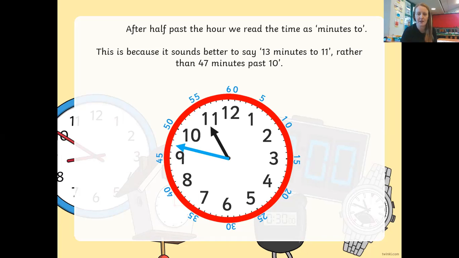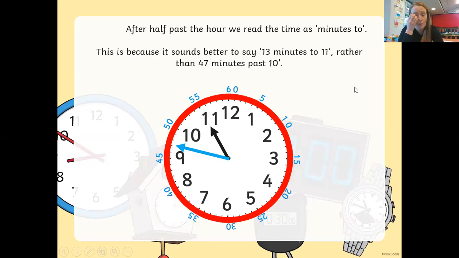So it changes things a little bit because we've been used to saying 5 past, 10 past, 15 minutes past, 20 minutes past, 25 minutes past, half past, all the way down on that half of the clock. And when we write it digitally, we write, for example, 11:05, 11:10, 11:15, 11:20, 11:25, 11:30, 11:35, 11:40, 11:45, 11:50, 11:55, or 11 o'clock if it's at the top.